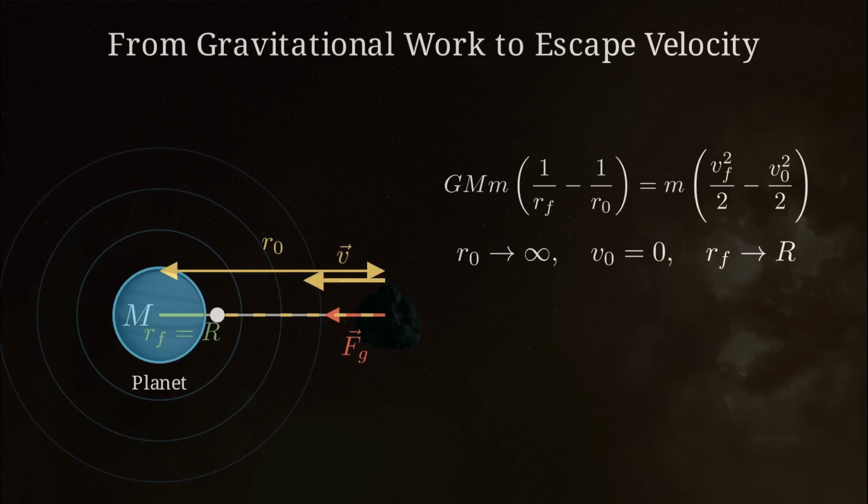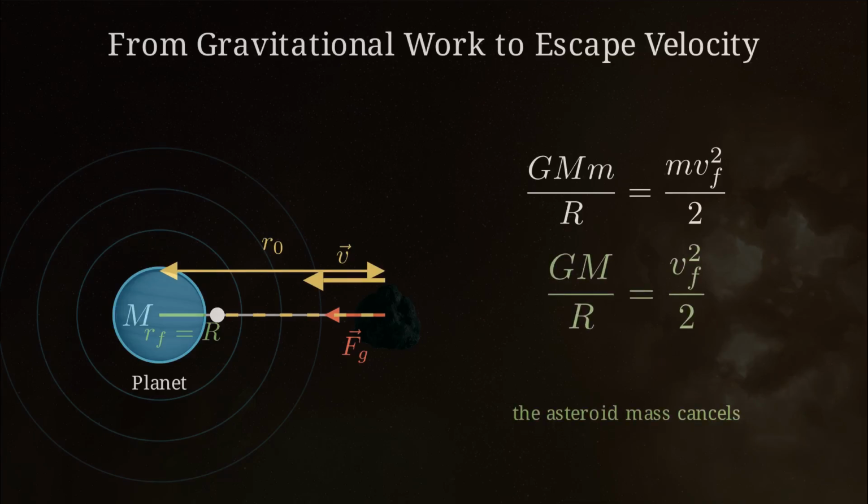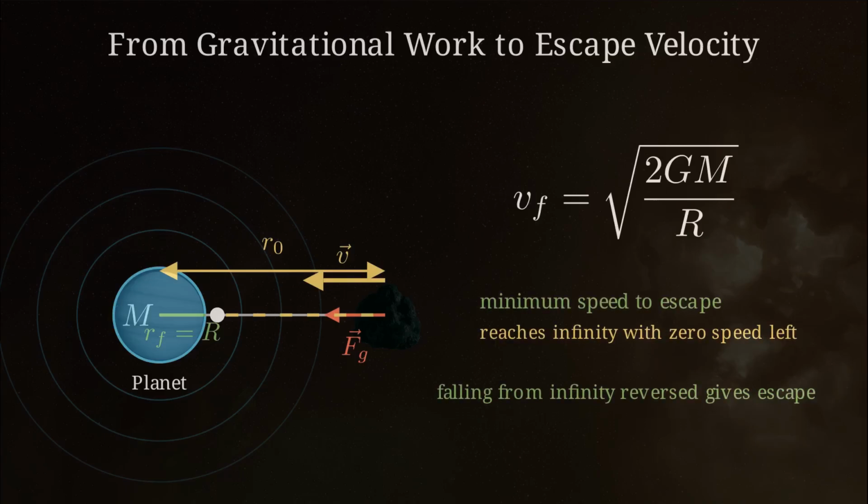So the equation becomes GMm divided by r equals m vf squared divided by 2. Now the asteroid mass appears on both sides, so the asteroid mass cancels. After rearranging, we get vf equals the square root of 2GM divided by r. This gives the speed reached by an object falling from rest from very far away.